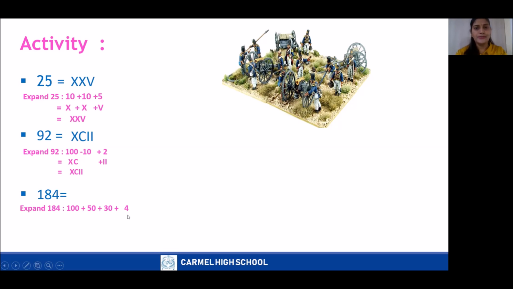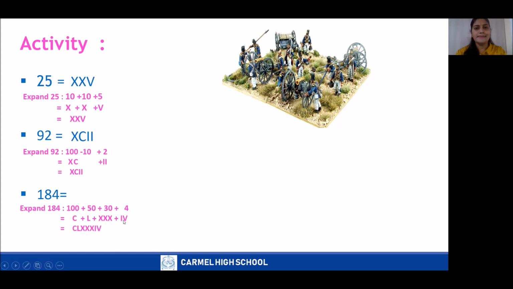Next, what should we do? Right, we have to convert this into Roman symbols. And what is 100? C, 50 is L, and 30 is X. And my 4 is IV.